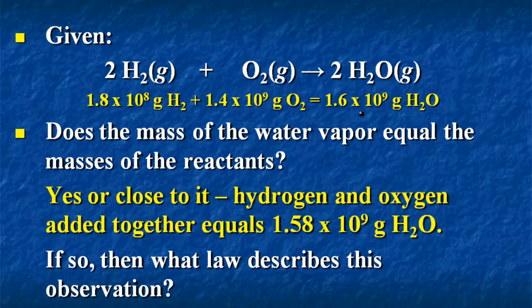Those are big numbers which you can't imagine. 10 to the power 9 is a trillion. So you are comparing a trillion grams, so 1.58 or 1.6 doesn't make any difference. The difference is 0.02, that's all you are seeing right there. So the law of conservation of mass is followed here.